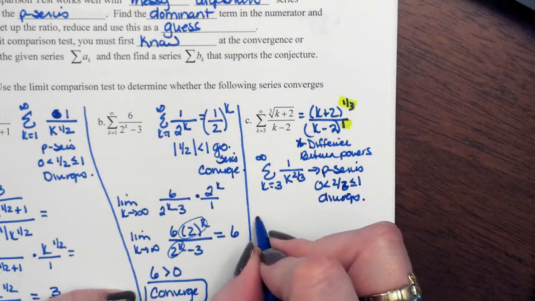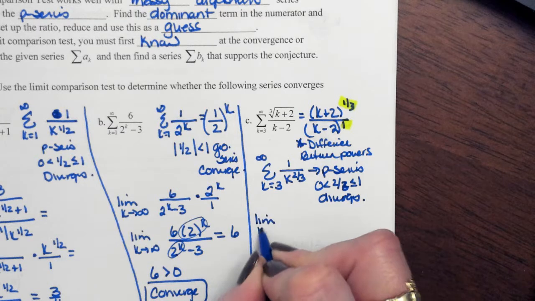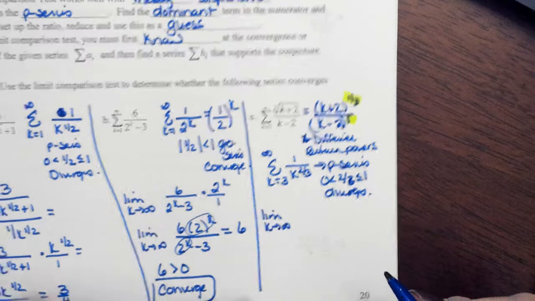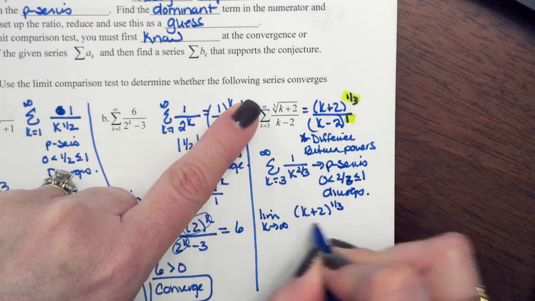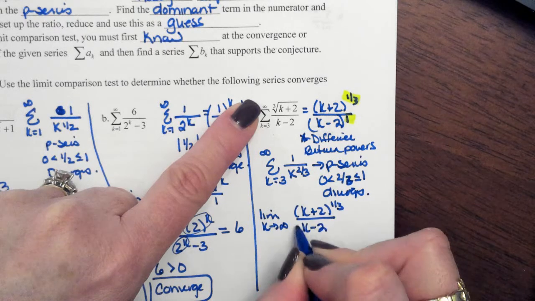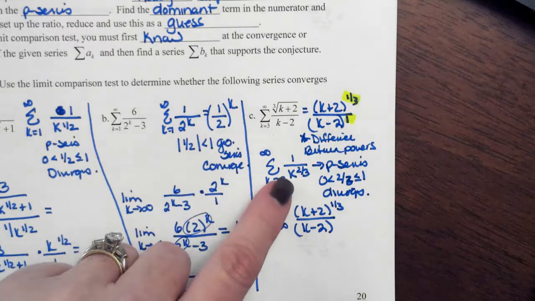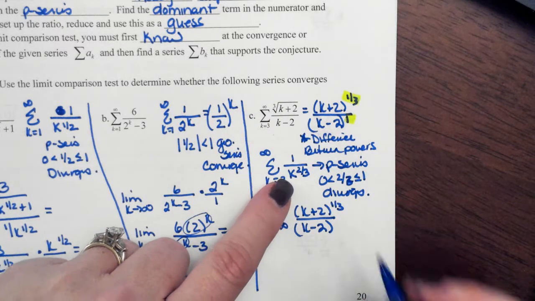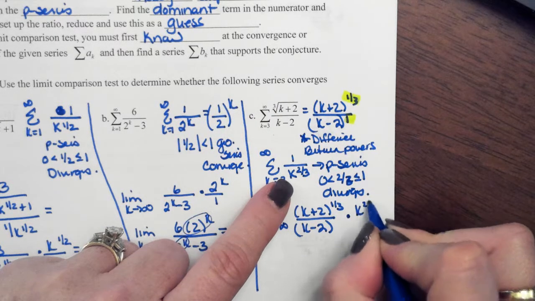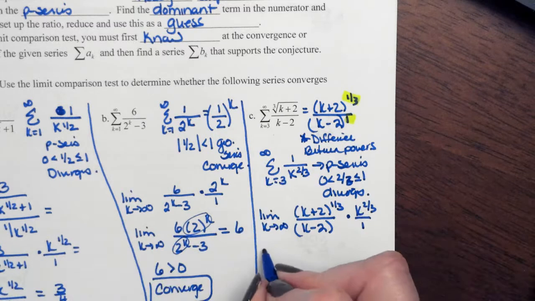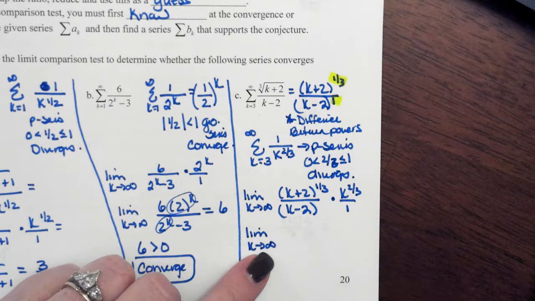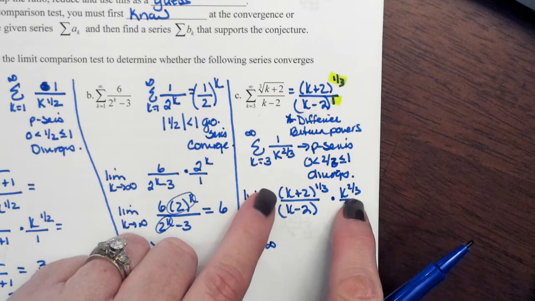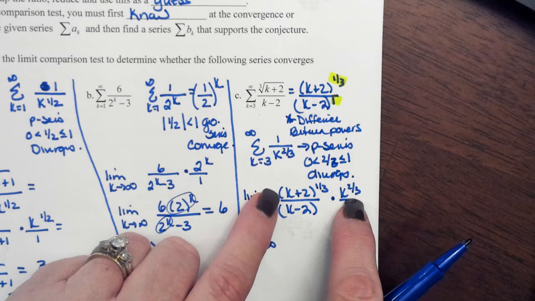So then I'm going to do my limit comparison test, the limit as k goes to infinity, take the series that's given, the k plus 2 to the 1/3 over k minus 2. I'm going to divide it by the series I'm comparing it to, which means I'm going to multiply by the reciprocal. Now remember, since I'm doing the limit as k goes to infinity, I'm really concerned about the largest degree of what's happening in the numerator.